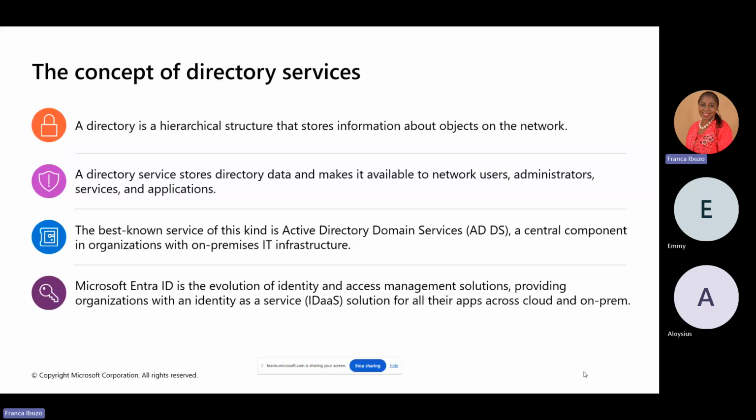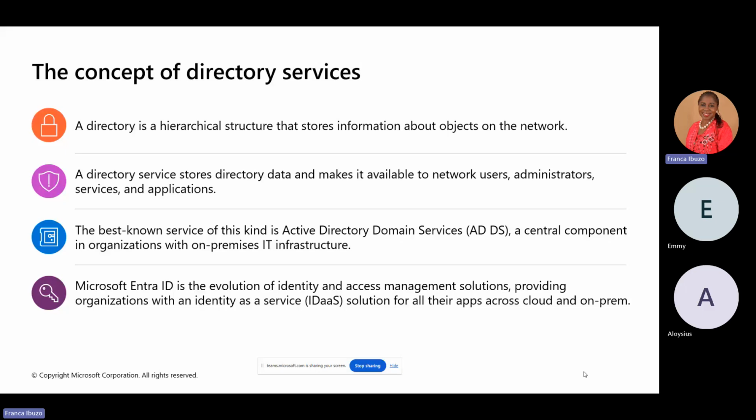So a directory service stores directory data and makes it available to network users, administrators, services, and applications. The best known service of this kind is Active Directory Domain Services, ADDS. Active Directory Domain Services is a central component in organizations with on-premises IT infrastructure.